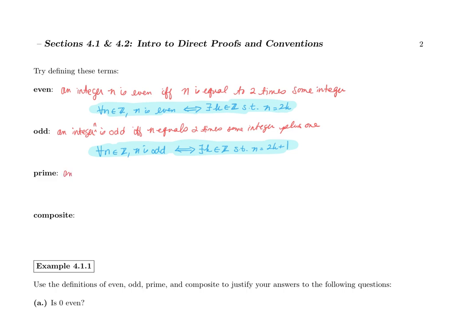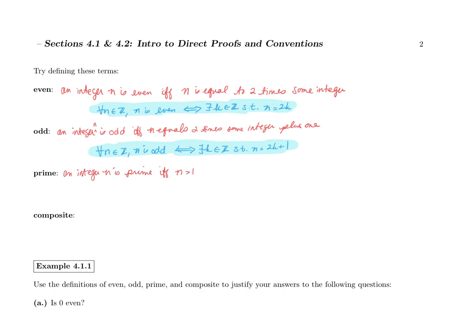So an integer n is prime if and only if. Now this one's going to have kind of a weird definition, but it just means that it's divisible by itself and 1. So if and only if n is greater than 1, so right there, our definition removed 1 as a prime number.